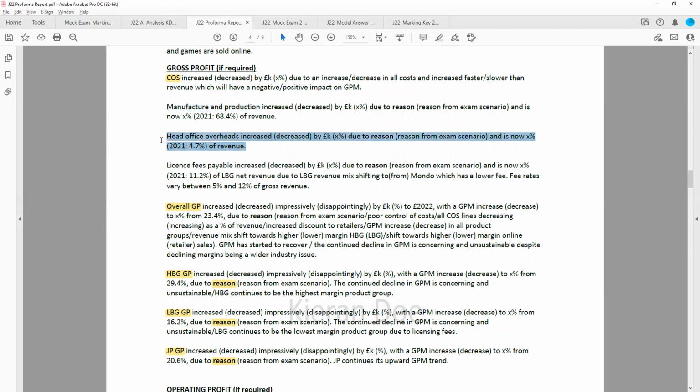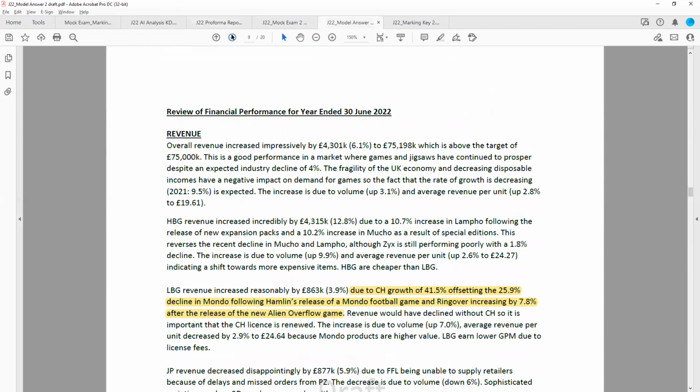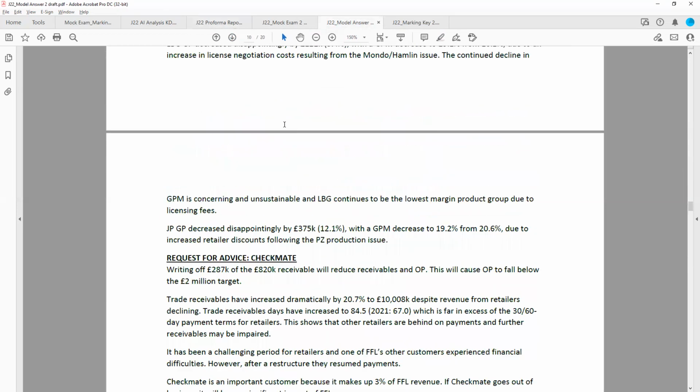I'd be tempted to maybe mention something about license fees as well, because we do know, of course, that revenue mix has moved away from Mondo and it had a lower fee, so that could result in the fee going up as a percentage of revenue, and we can see that happening there. So that is quite interesting to look at. But again, I've got that dilemma of needing to restrict myself because I don't want to waste too much time.